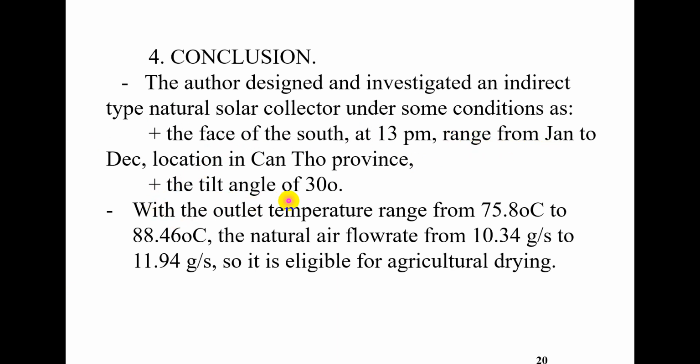The angle is 30 degrees, and we can acquire the outlet temperature ranging from 75.8 degrees centigrade to 88.46 degrees Celsius. And we can obtain the natural air flow rate from 10.34 grams per second to 11.94 grams per second. Therefore, it is eligible for agricultural drying.